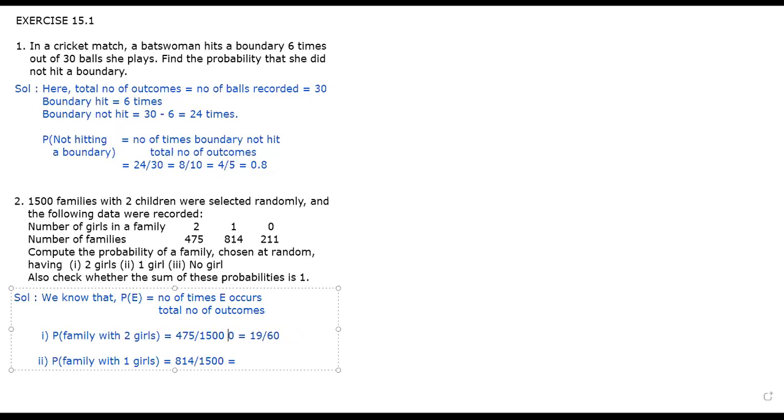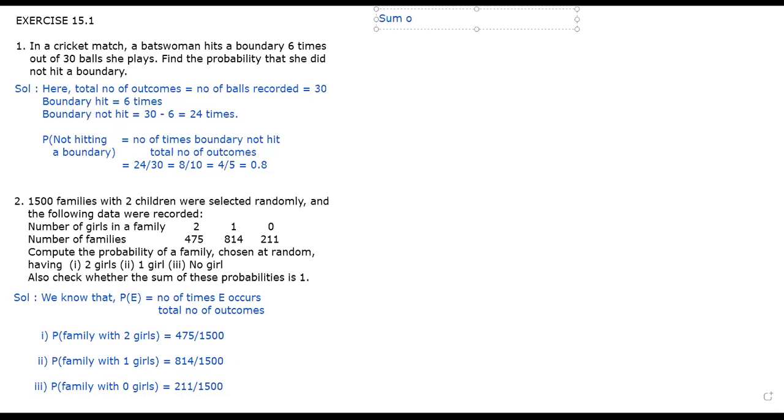I want to keep it as it is because I have to check whether the total probability is 1. Family with 0 girls: 211 upon 1500. And we have to check the sum of the probabilities. Yes or no?